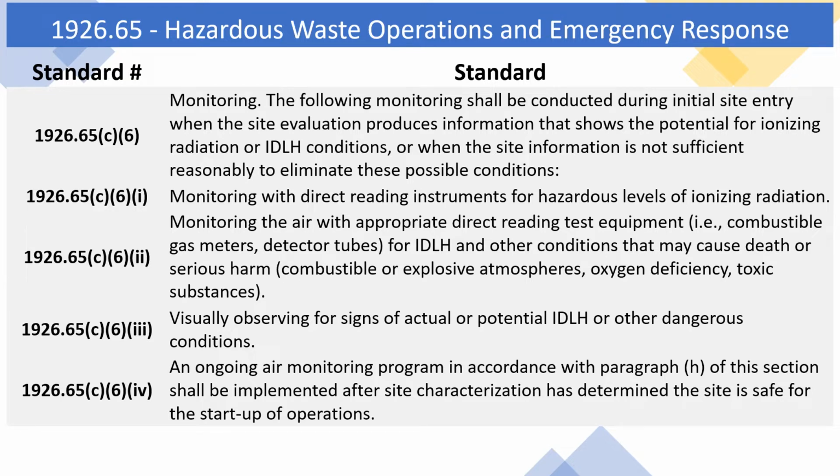Visually observing for signs of actual or potential IDLH or other dangerous conditions. 4. An ongoing air monitoring program in accordance with paragraph H of this section shall be implemented after site characterization has determined the site is safe for the startup of operations.